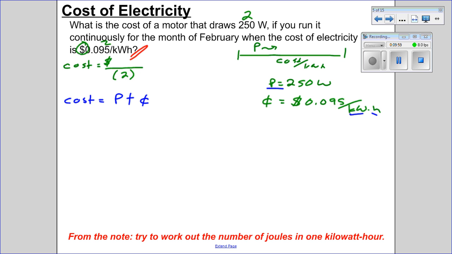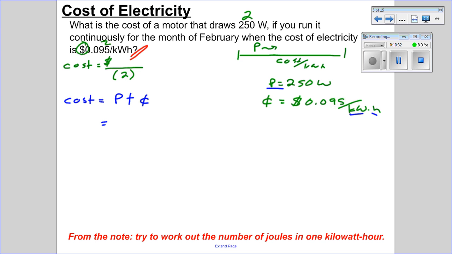We're going to have watts times presumably hours, we can work that out in hours, times the cost, or dollars per kilowatt hour. And if you look at that, you can see with some conversions, you should be able to cancel things out and leave yourself with the dollars. So this should work. And if you check this in the textbook, this is the formula that we use for it.